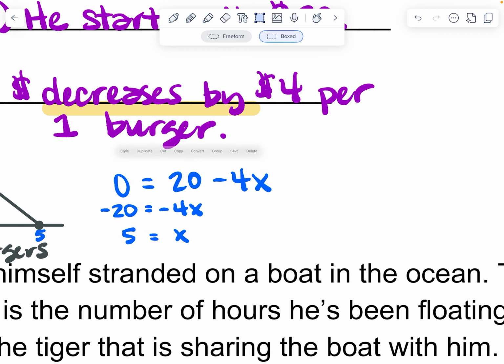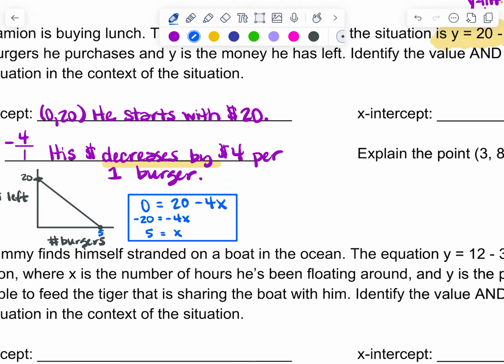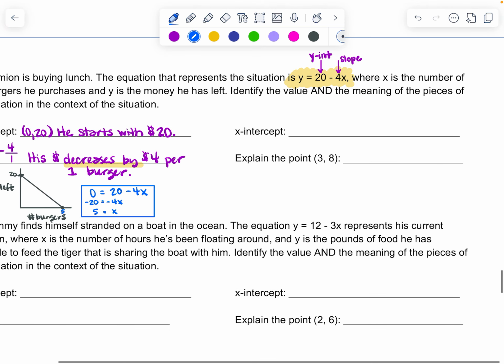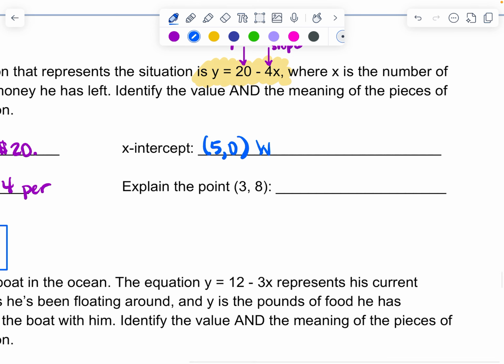You can totally solve it algebraically if you want to by plugging a 0 in for y. So our x-intercept is 5, 0. Again, we should always write it as a point, and we're just describing that.